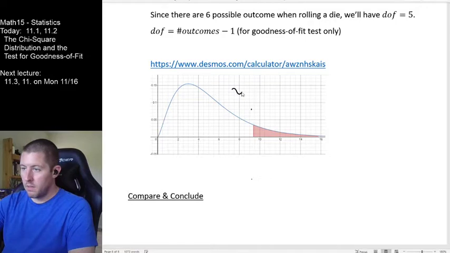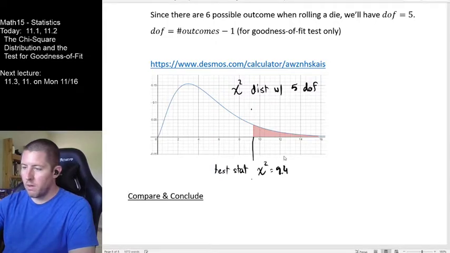Okay. This is our chi-square distribution with 5 degrees of freedom. This is our test statistic. Chi-square equals 9.4. This area is our p-value.